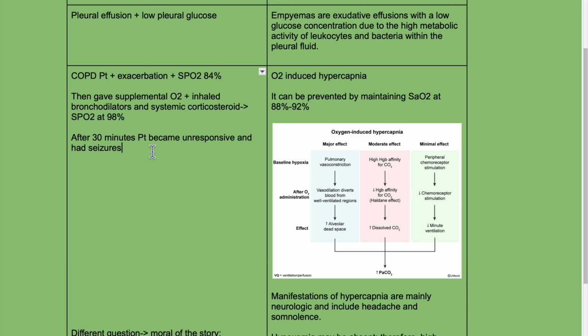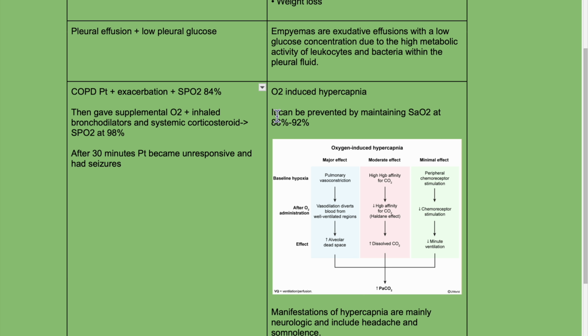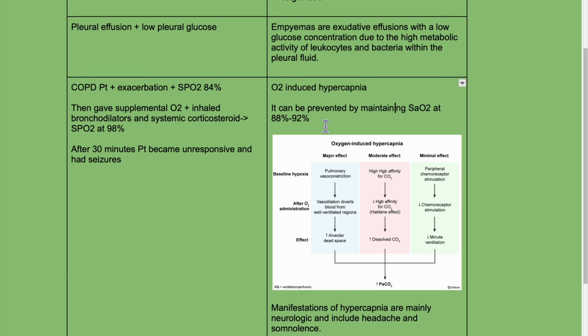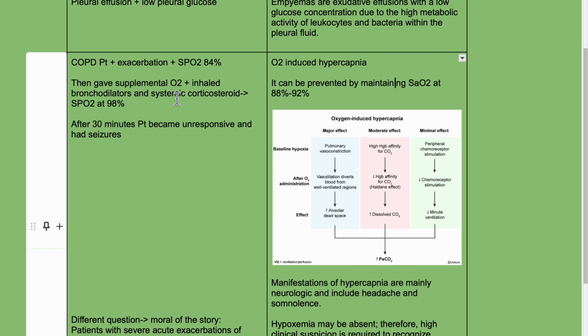When you give O2 supplement, the target SpO2 for you is 88 to 92. You keep it at the lower end, so it can be prevented by maintaining a saturation of O2 at 88% to 92%. Okay, because of all these effects.